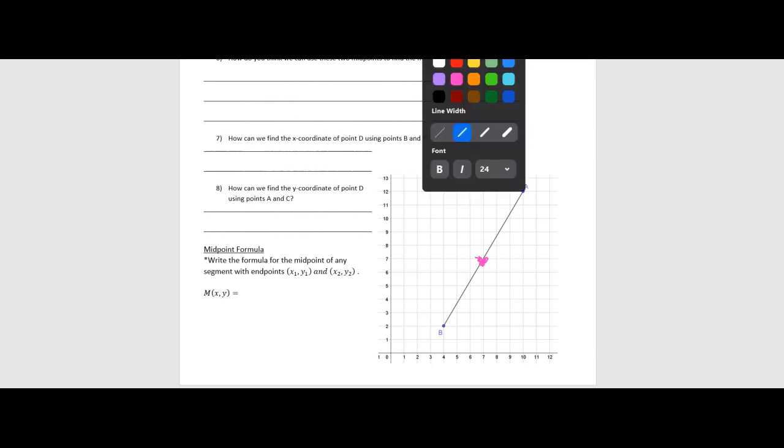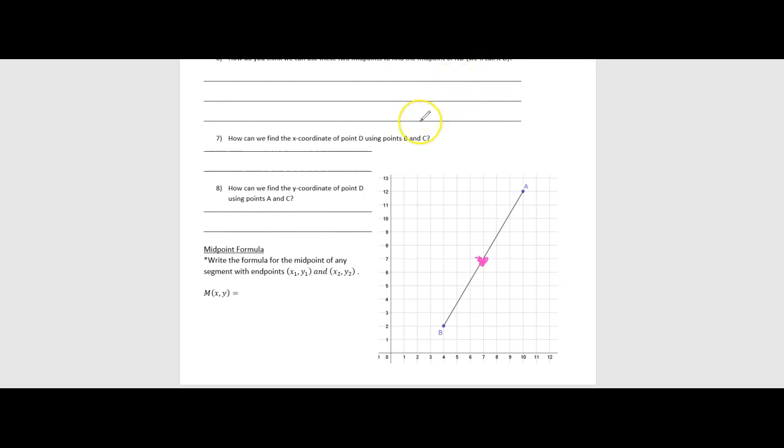Well, just like with our last example, it was easy to find the lengths of horizontal and vertical segments. It's the same when we're talking about the middle. If I draw a coordinate plane and I look at a perfectly horizontal segment, I could figure out the exact number that's halfway between 1 and 9.